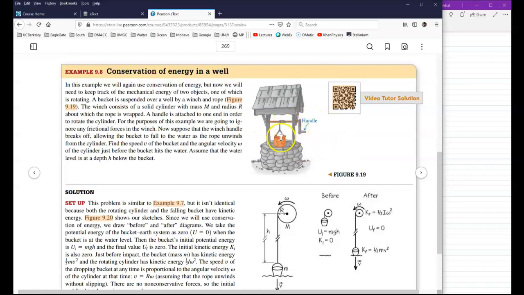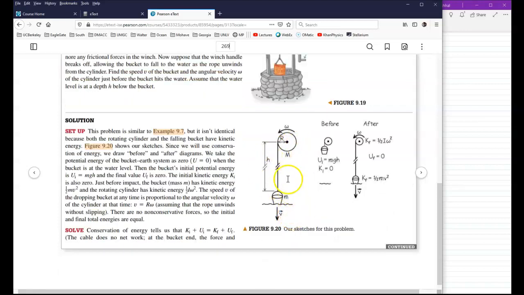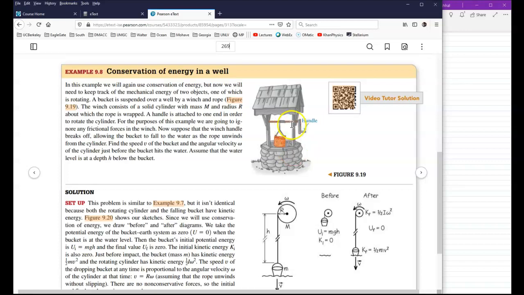So you have a bucket, there is a well right here, and there is a handle, a crank, and you crank it up, and then the bucket comes up. We're going to draw this picture right here. This is the pulley, which is basically this stick that the cable wraps around, and you get the bucket.